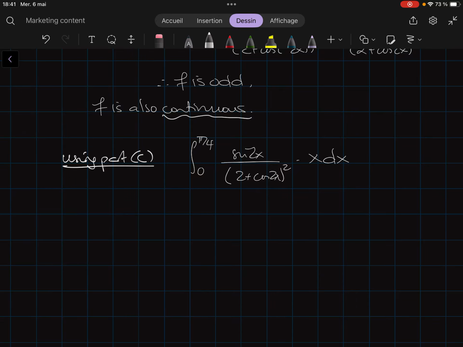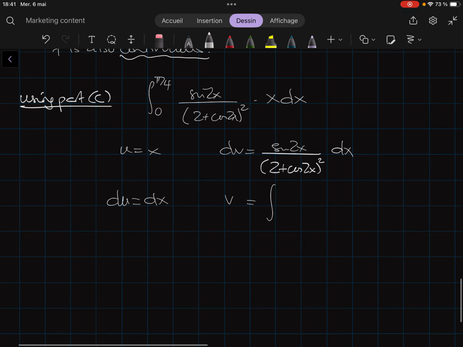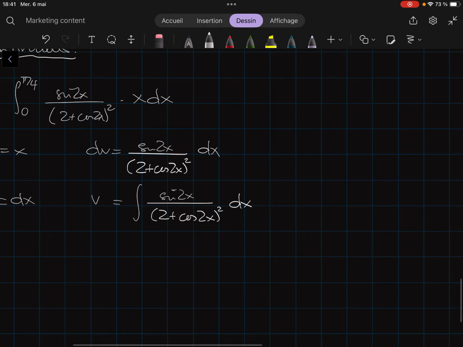This is screaming for integration by parts. So if u is x, dv is this shenanigan, du is dx, and v is going to be this integral. You are more than welcome to make a substitution on the side.